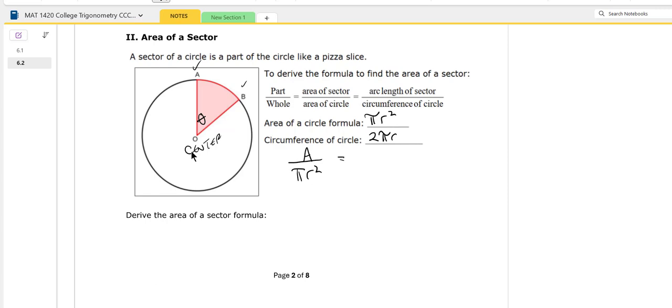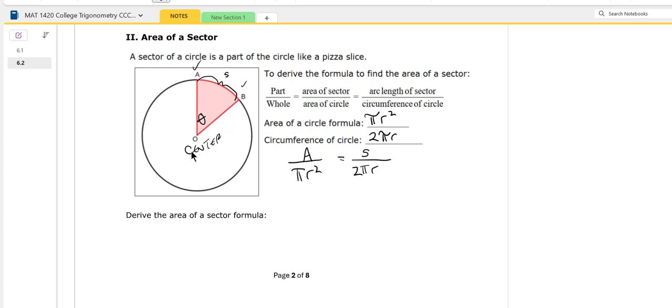Then we're going to relate the length of a sector to the circumference of a circle like that. When we do an arc length, remember in the previous part of the video we talked about S being the arc length, and then the circumference of a circle would be all the way around, so that's 2 pi r.